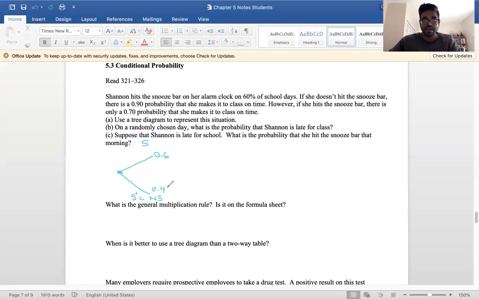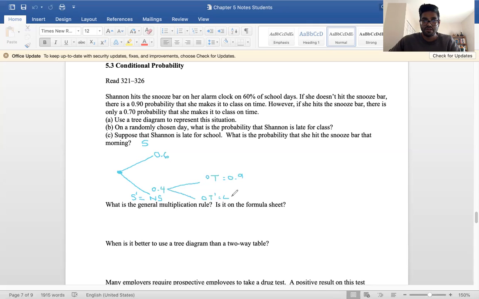And then from here we can keep breaking these apart. Here we can break this down into on time or on time complement, which is being late. If she doesn't hit snooze, the likelihood that she makes it to class on time is 90%, so 0.9.